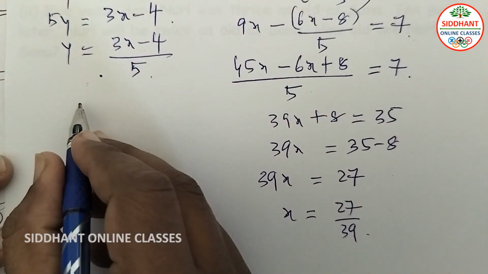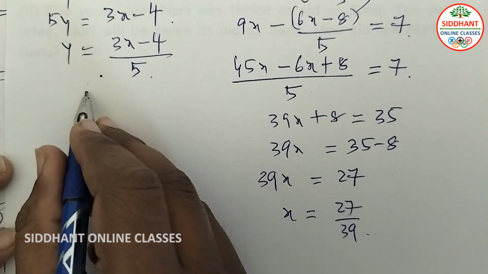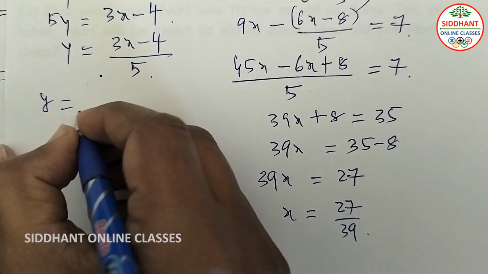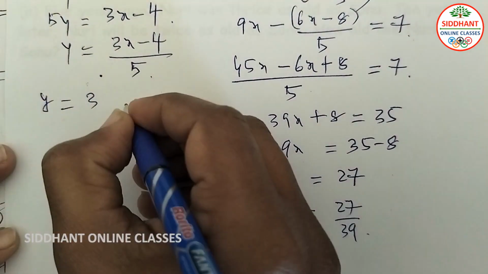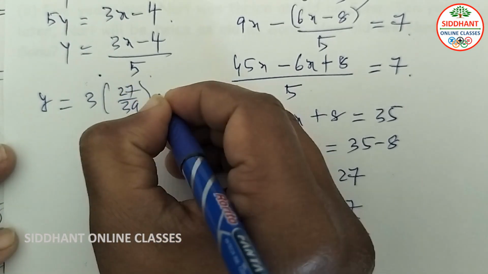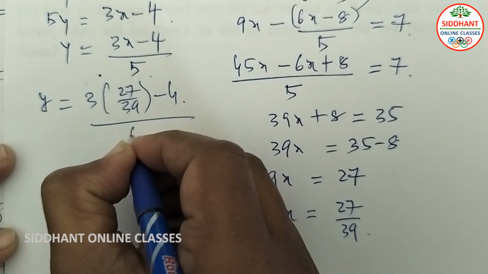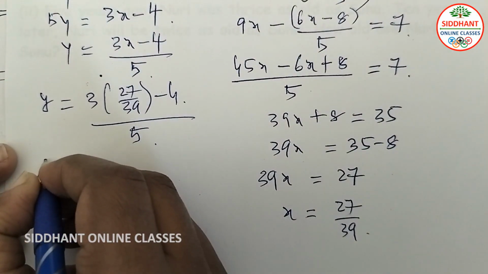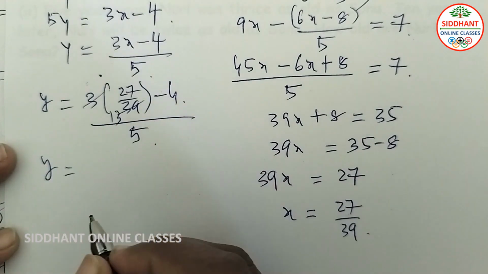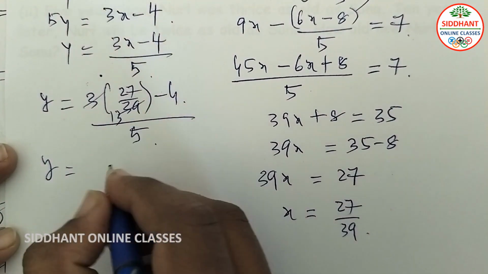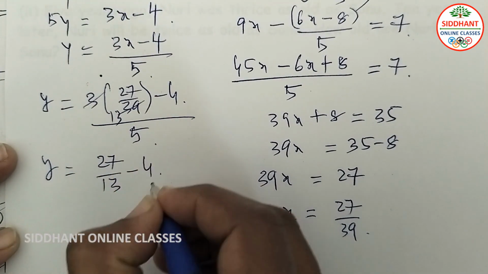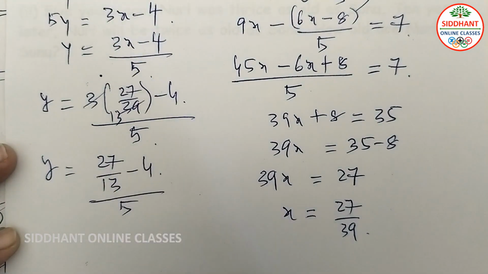Keeping the x value here, so y equals 3 into 27 by 39 minus 4 by 5 here. So y equals here 3, here 13 times. Then we get 27 by 13 minus 4 by 5 here.